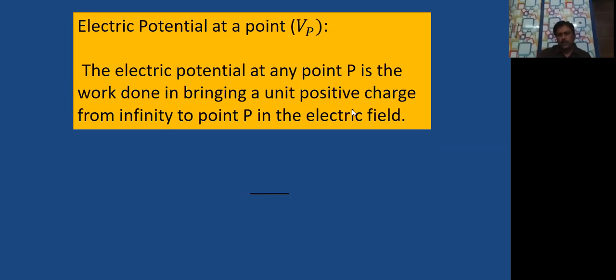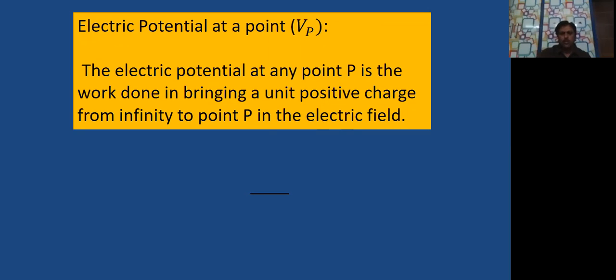How many coulombs of charge? 1 coulomb of charge. So work done per unit charge is nothing but the work done in bringing the unit positive charge. The word unit positive charge, we have come across this in the first year in the unit 4 topic. Unit positive charge means how many coulombs?